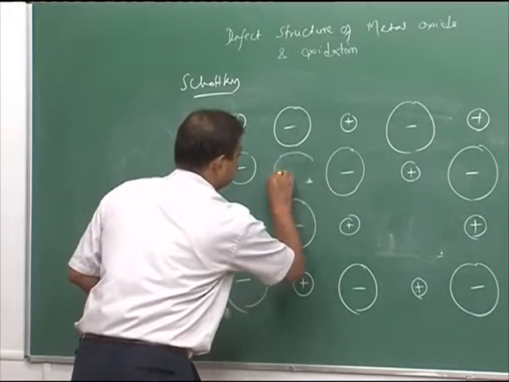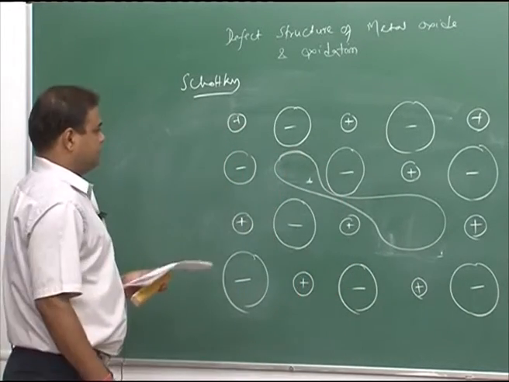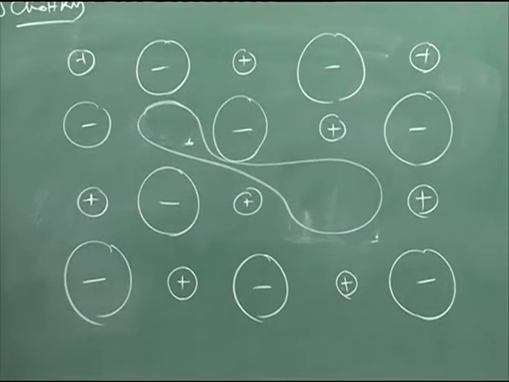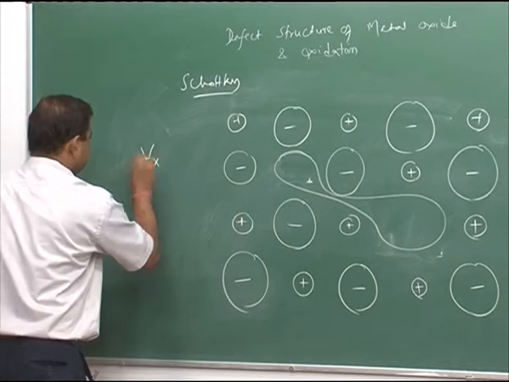So, the defect is basically a vacancy of cation and a vacancy of anion.